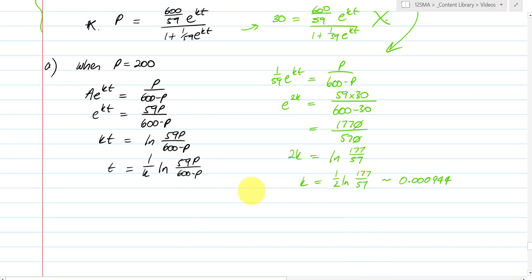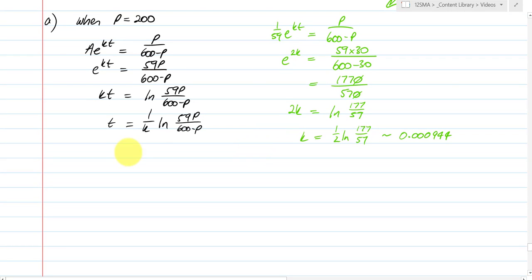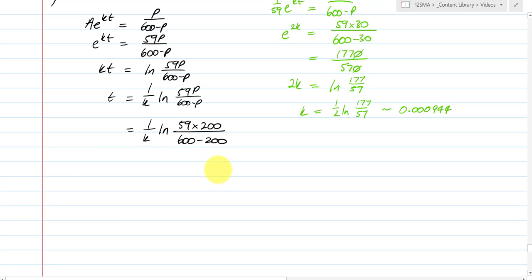I've got my k value there, and I've already substituted in my a value, so I can put in 1 over k log of 59 times 200 over 600 minus 200 to work out when I first get to a population of 200.